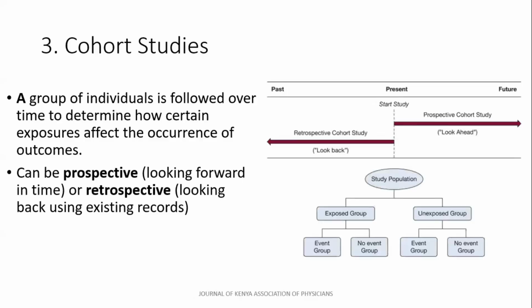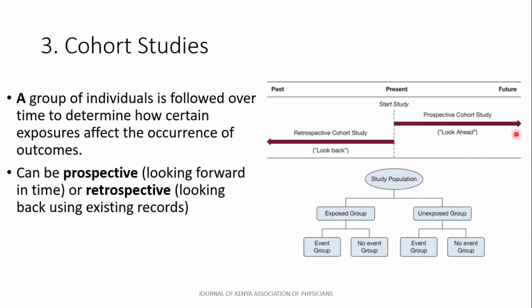So the image on the right just illustrates two types of cohort studies. So it may be either a prospective cohort study, where we start in the present and follow participants into the future to see who develops the outcome.